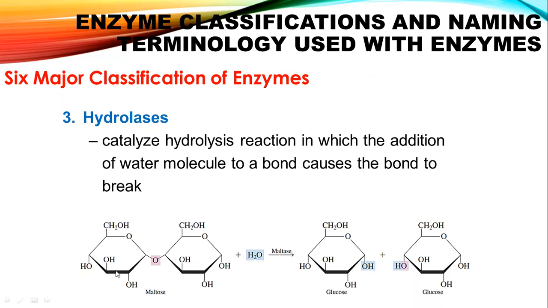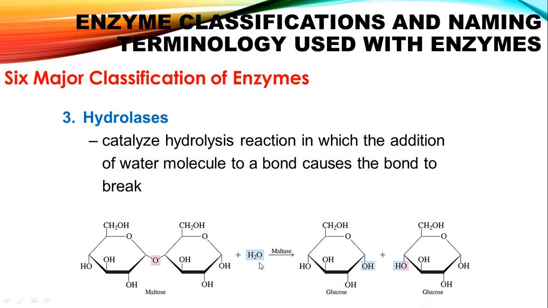maltose. Okay, down, up, down, down, up, down. So maltose is 2 glucose units. Now the other one is a beta, and this one is an alpha. Remember your carbohydrates. So in the presence of water, this glycosidic bond is being broken when water is added here to get back your 2 glucose units.